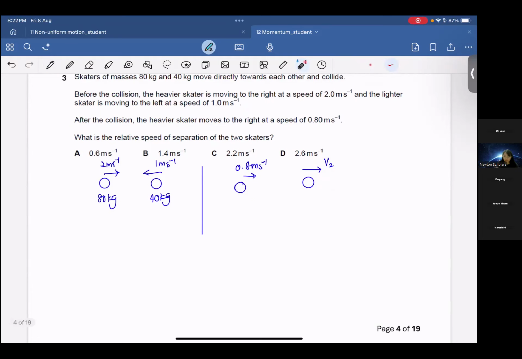This question is not difficult. So your first job is finding out your V2. M1 U1 plus M2 U2 equals M1 V1 plus M2 V2. Find out V2 for me before we go to the relative speed.